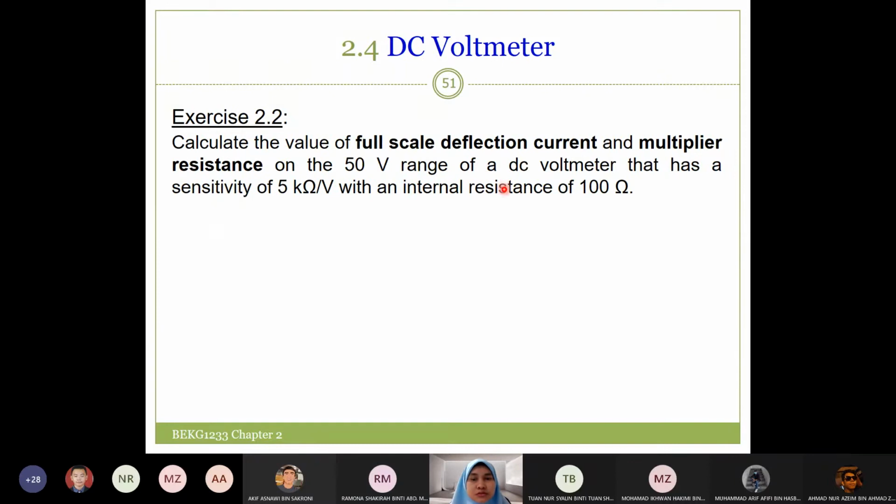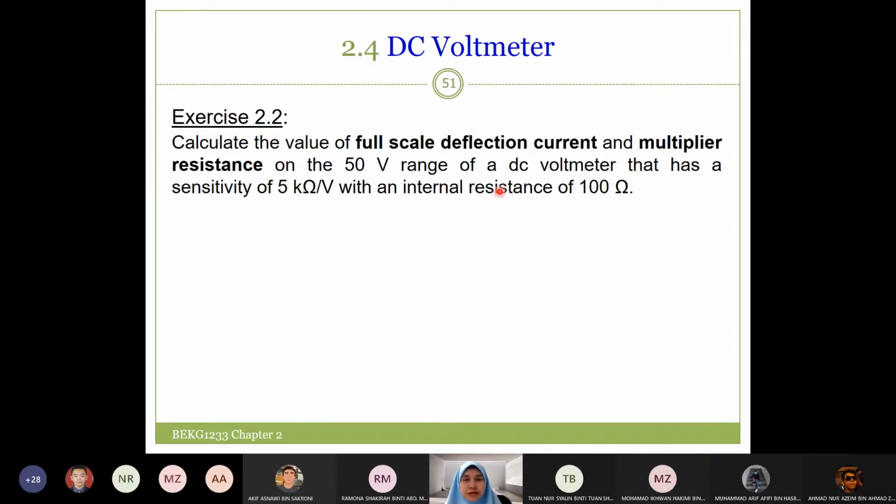The next question is to calculate the value of full scale deflection current and multiplier resistance. So you have to find the current and RS on the 50 volt range. The V range is given, of a DC voltmeter that has a sensitivity of 5K ohm per volt with an internal resistance of 100 ohm. So the PMMC has 100 ohm RM.